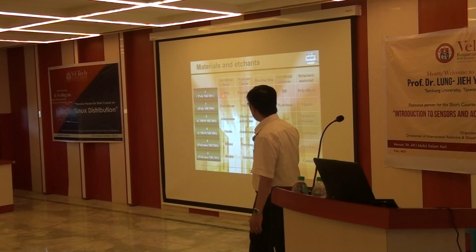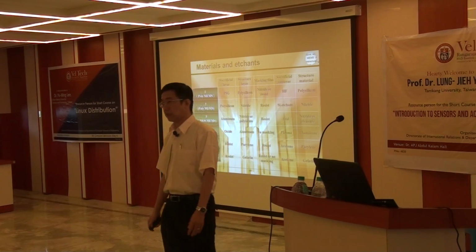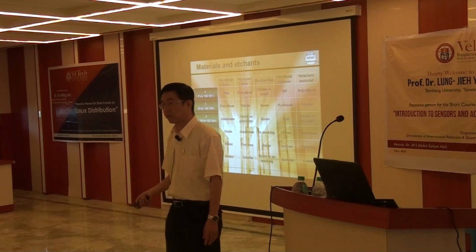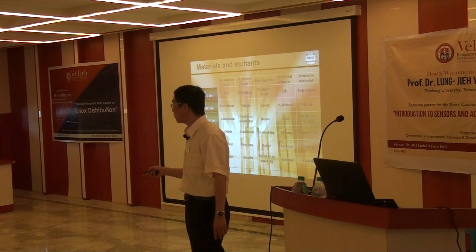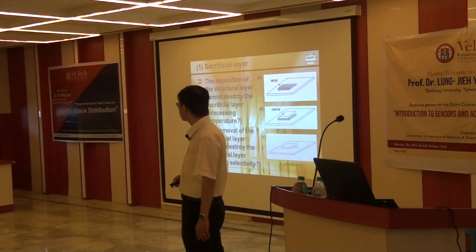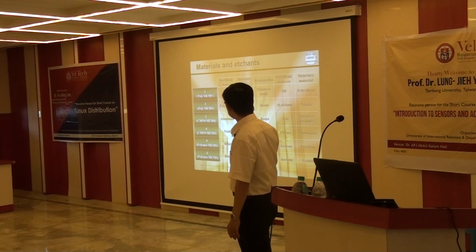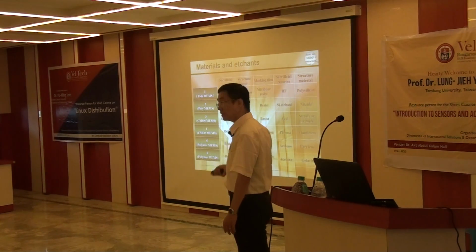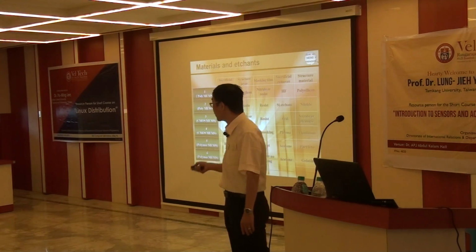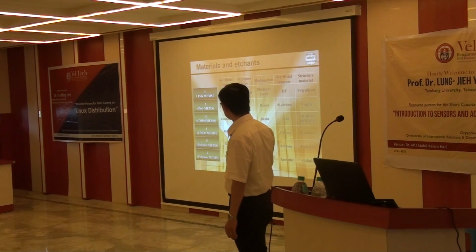Okay, why do we select these two kinds of material as our sacrificial and structure layers? We check our previous two rules. Number one, when we deposit our structure layer, we cannot destroy the sacrificial layer, correct? When we deposit our polysilicon, we cannot destroy PSG. Possible?